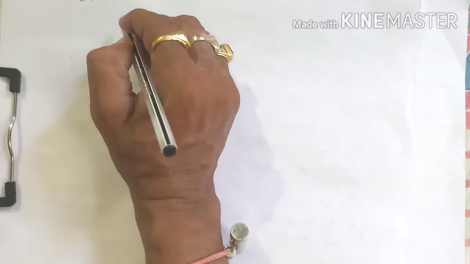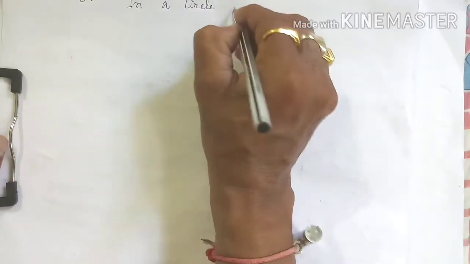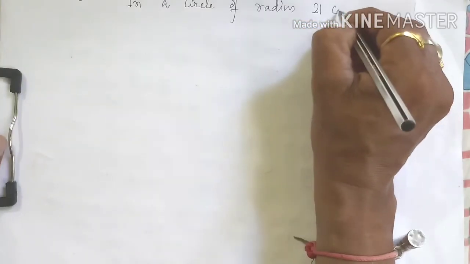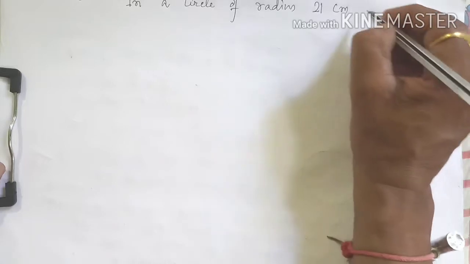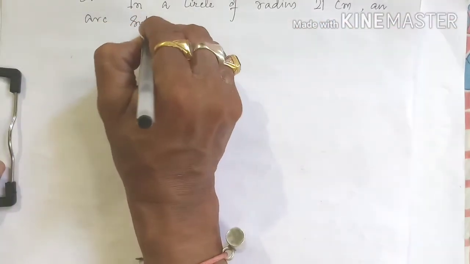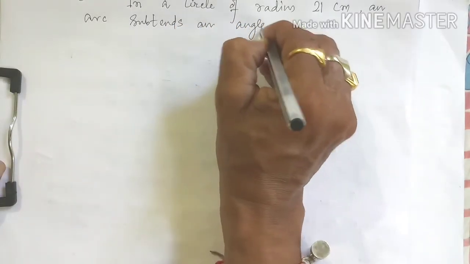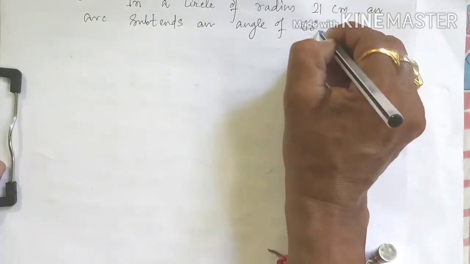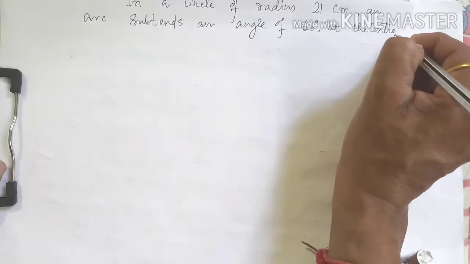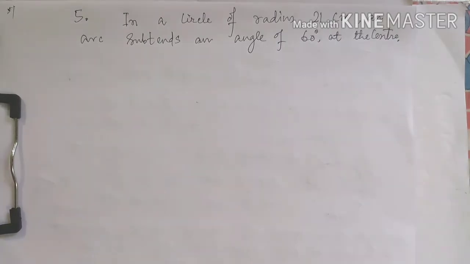in a circle of radius 21 centimeter, an arc subtends an angle of 60 degree at the center.